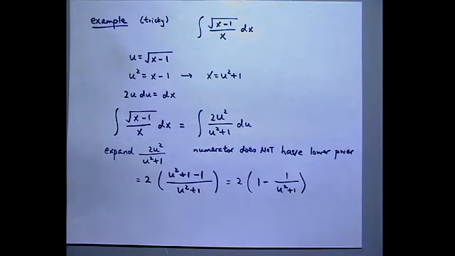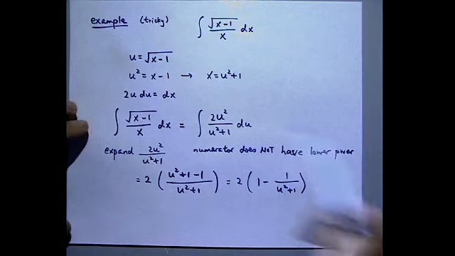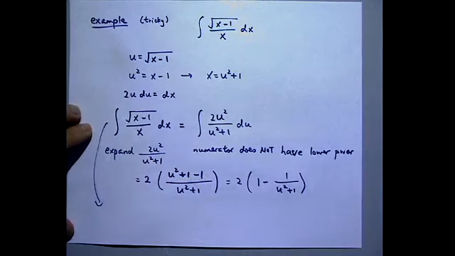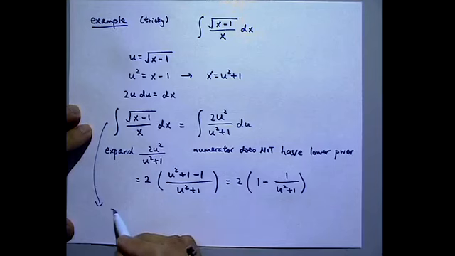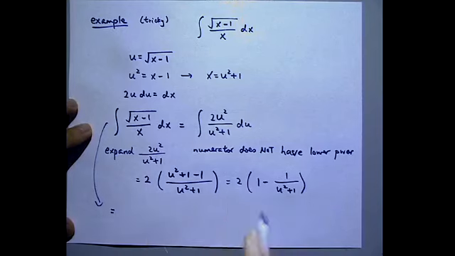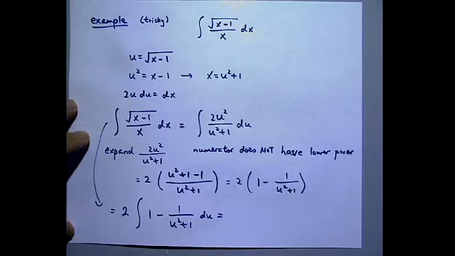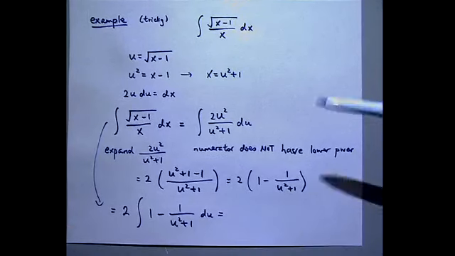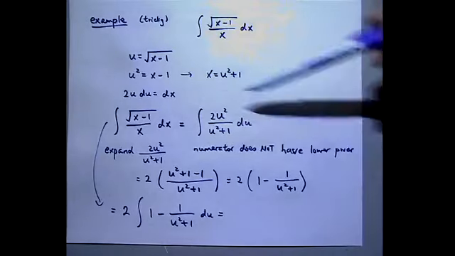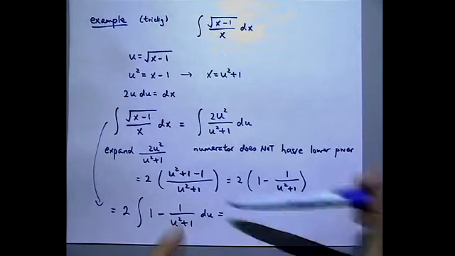Okay? So this turns into, there's a 2 here, let's pull it out: 1 minus 1 over u squared plus 1 du. Because this whole thing here is represented by this in a different form.